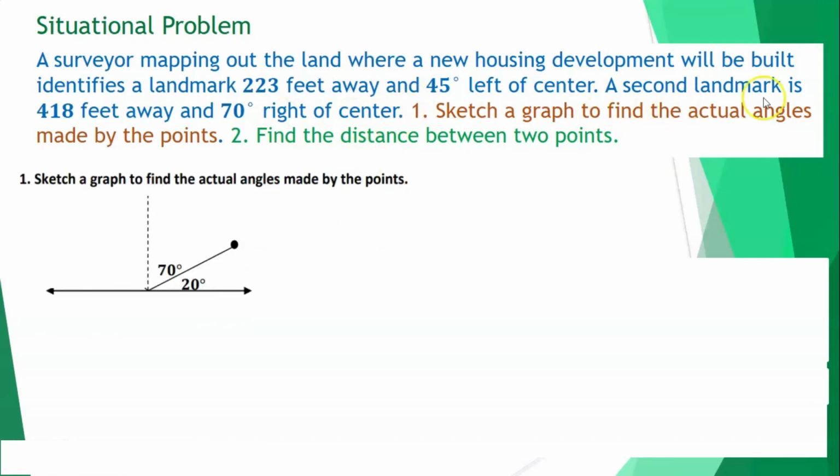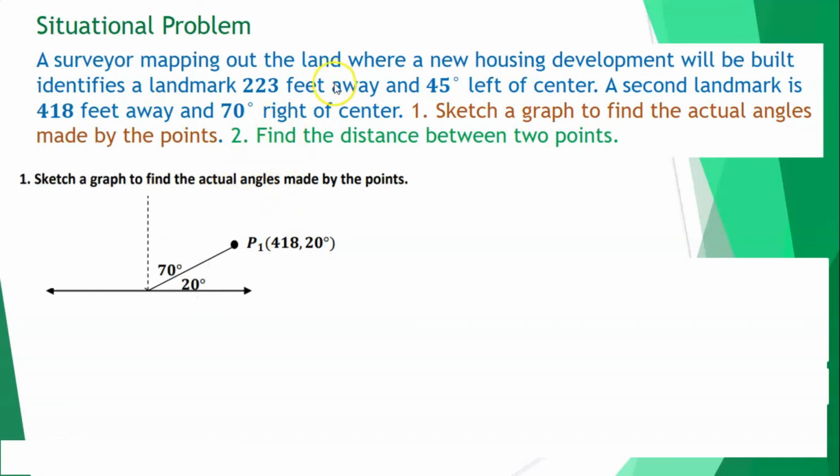So let's have this one. This is 418 feet away and 70 degrees to the right of the center. So if this is our center, to the right here is 70 degrees. So take note, this is 90 degrees. So if this is 70 degrees, the other remaining part here would be 20 degrees. Therefore, the location of this point here is 418 feet away at a 20-degree angle. Take note of that.